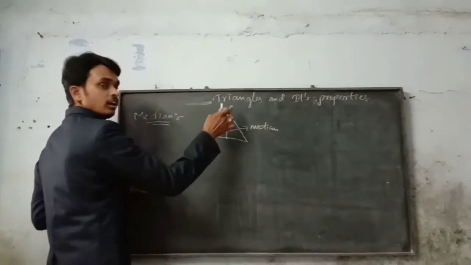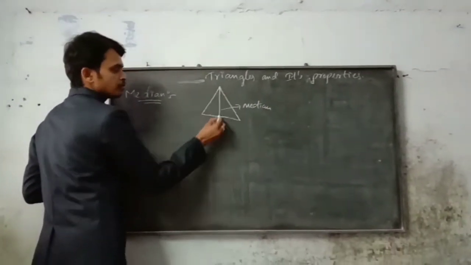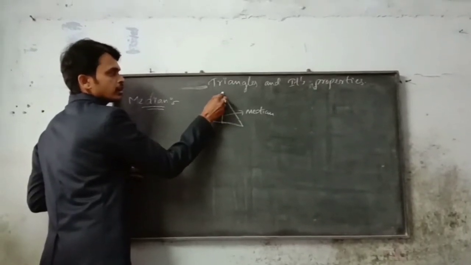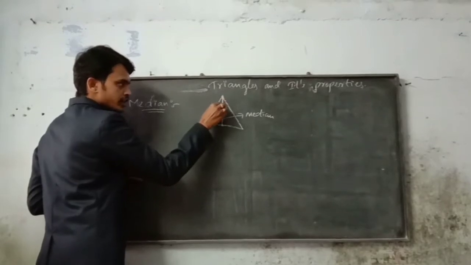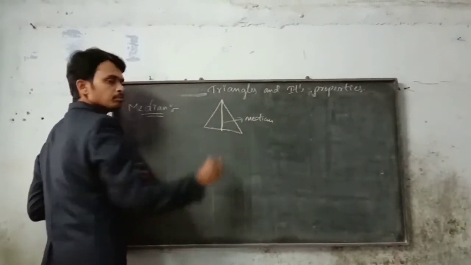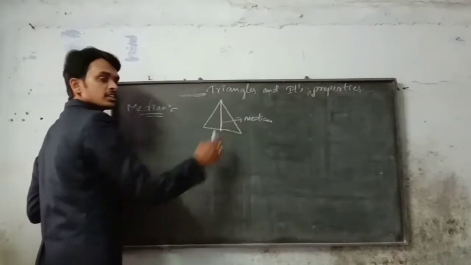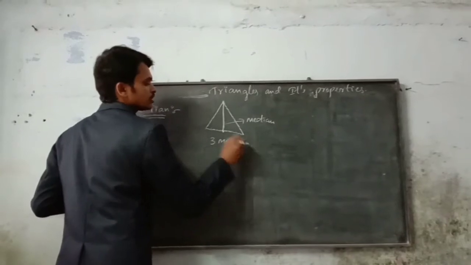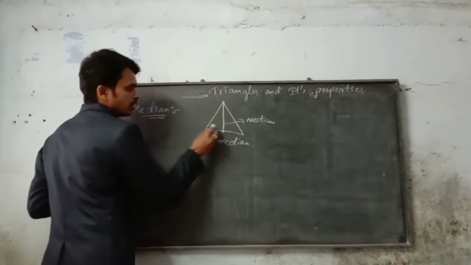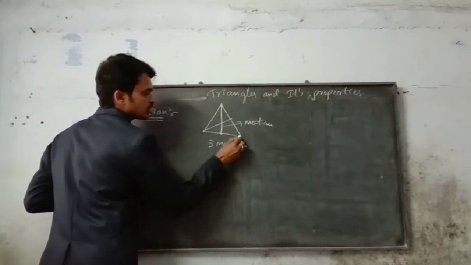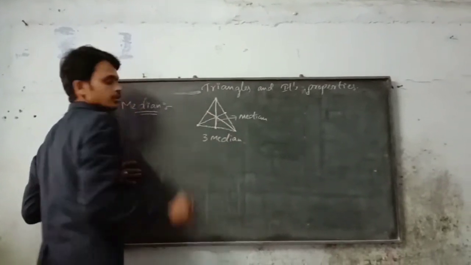So in a triangle, a line segment joining a vertex of a triangle to the midpoint of the opposite side is called a median. A triangle has three medians. So from this vertex to the opposite side midpoint, and from this vertex to the opposite side midpoint.